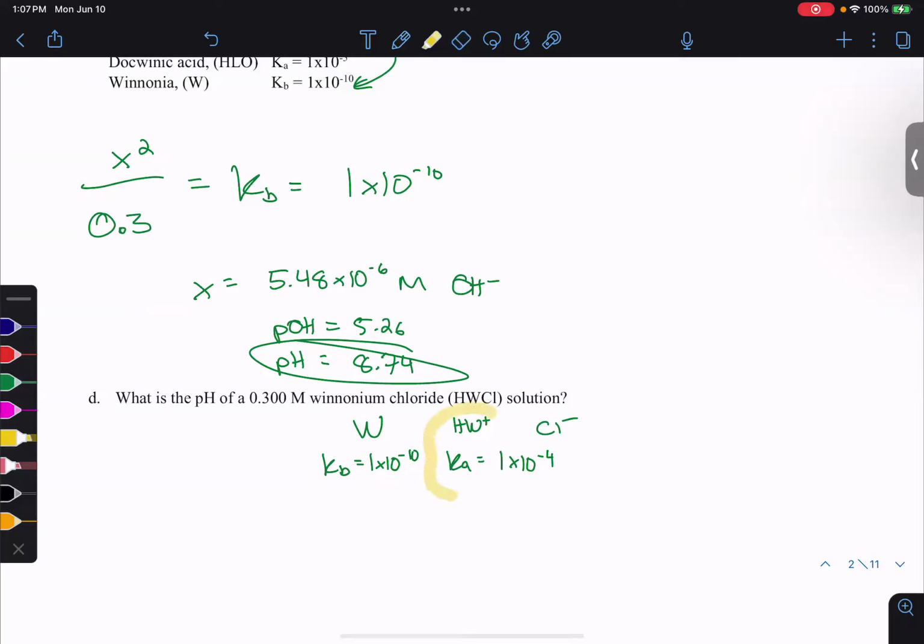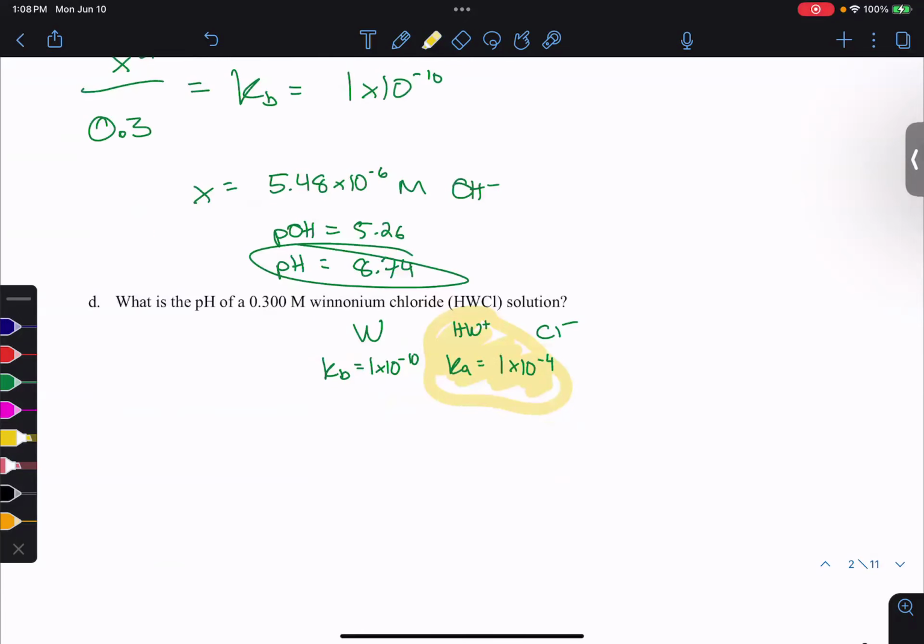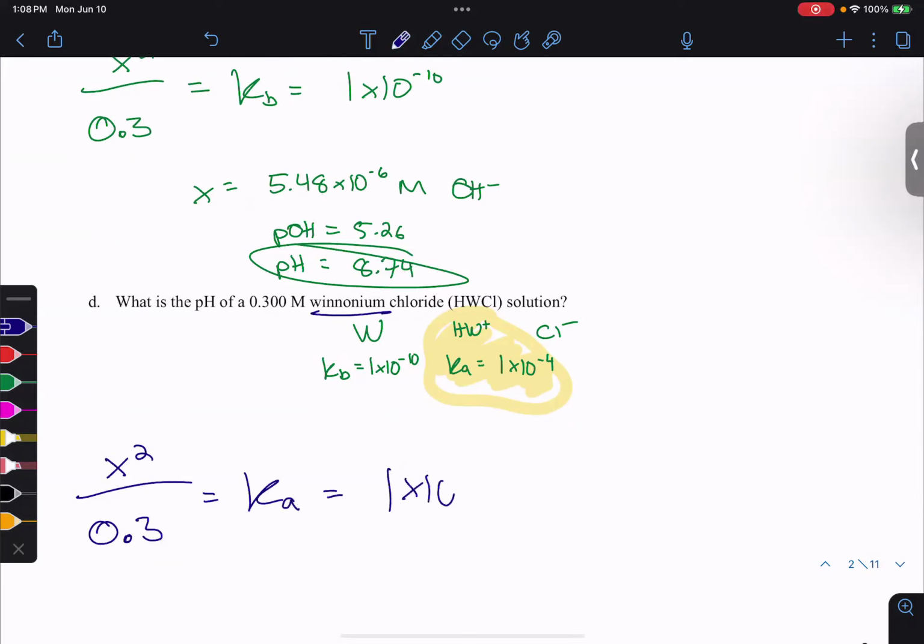This is what I'm putting into solution, HW plus, the acid. So when you solve the ice table, you get x squared over 0.3 equals Ka, because winonium is an acid. That is equal to 1 times 10 to the negative 4.